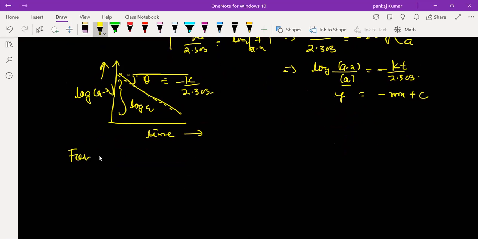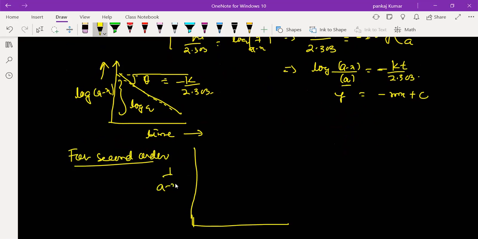For second order, the graph will be 1 by a minus x, and this will be time t. So you get the graph from here, right?